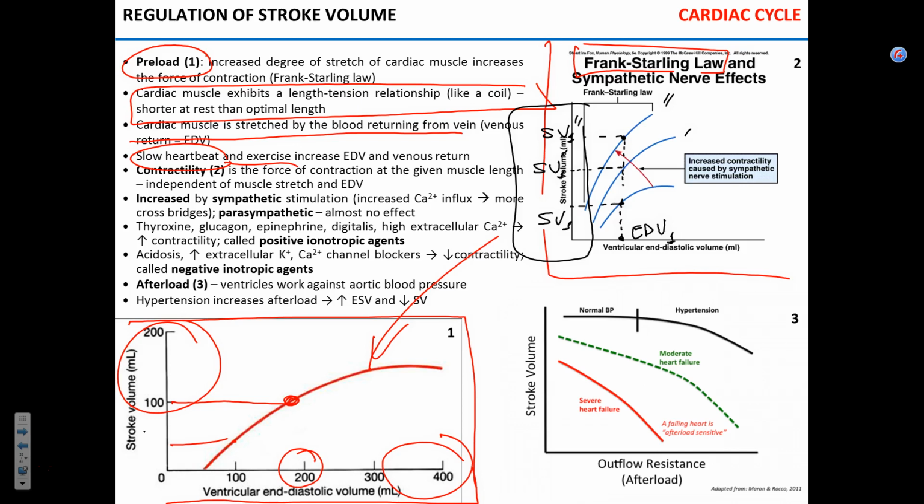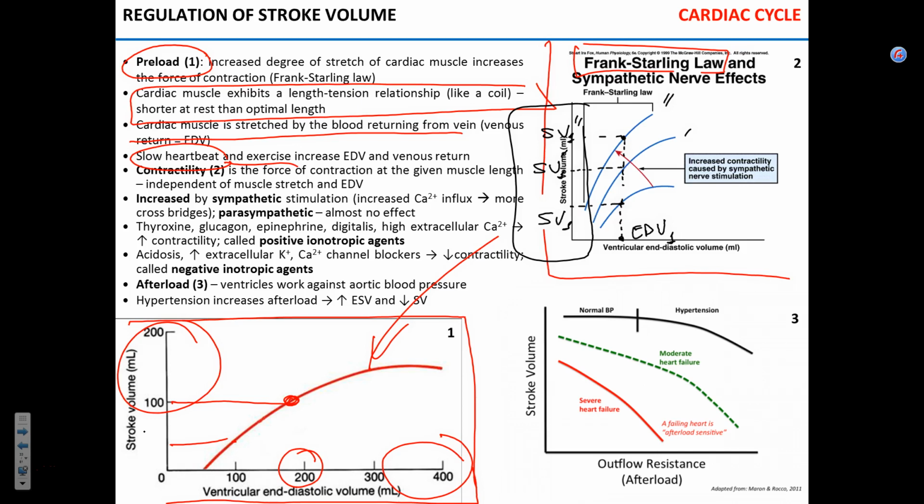So basically, when the heart fills to a certain volume, when cardiac muscle gets stretched to a certain degree, it contracts with a specific force. If you add norepinephrine, the force of contraction at that specific length will increase. More norepinephrine, more increase. Are we clear?